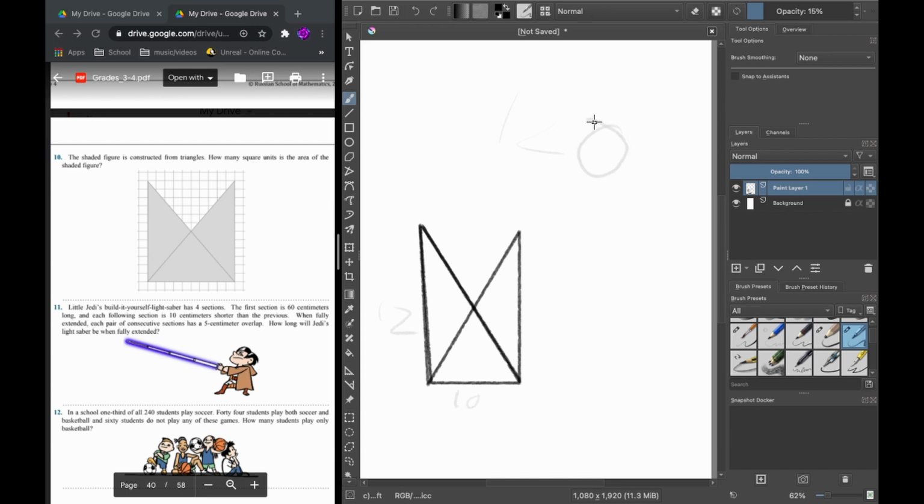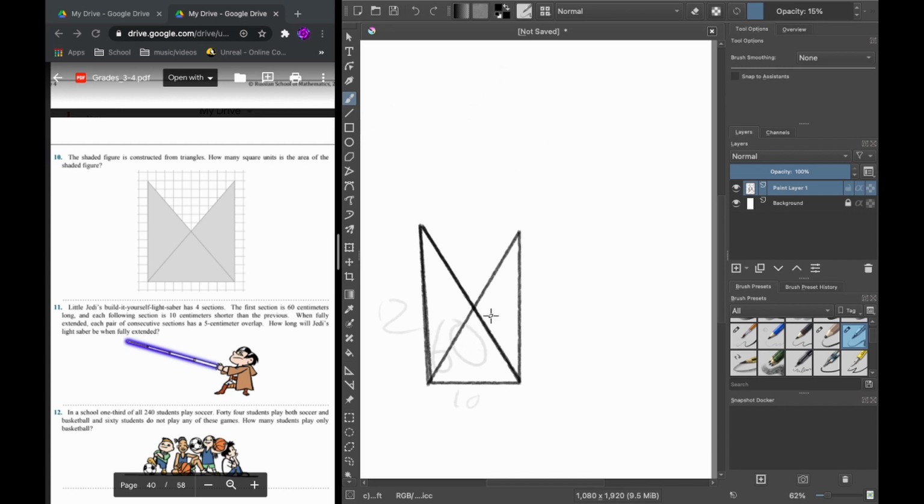So now we just do 120 halved, which is 60. So that means that these two together is equal to 60. And if these were equilateral triangles, then each one would be 30.